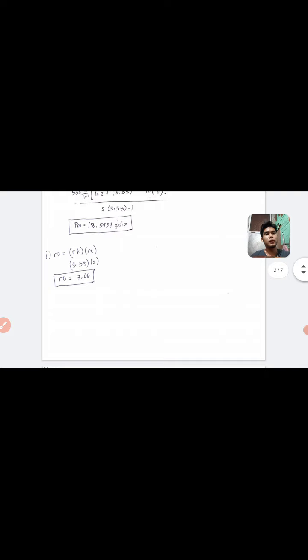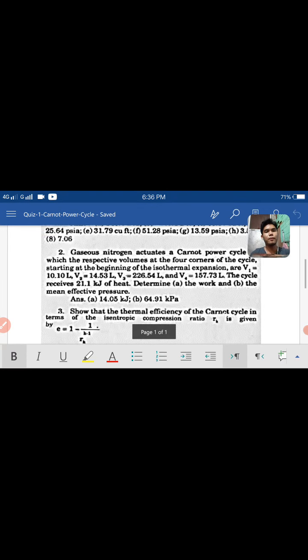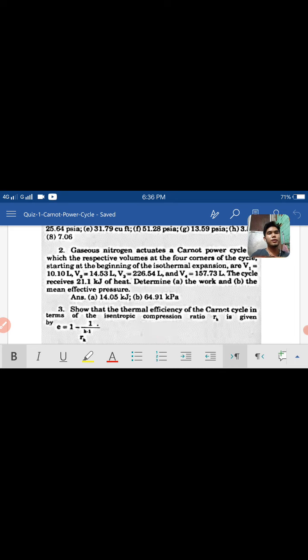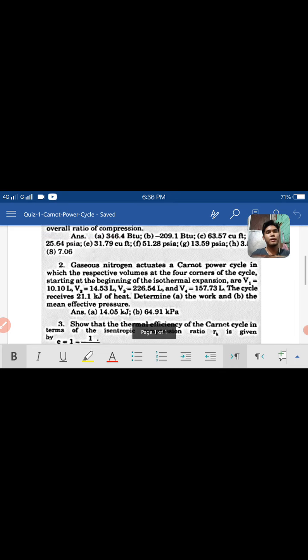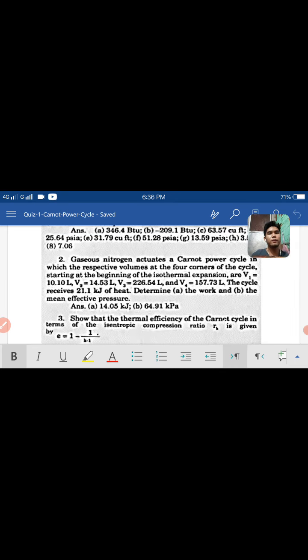So let's proceed to question number 2. Gaseous nitrogen actuates a Carnot power cycle in which the respective volumes at the four corners of the cycle, starting at the beginning of the isothermal expansion, are V1 equal to 10.10 liters, V2 equal to 14.53 liters, V3 equal to 226.54 liters, and V4 equal to 157.73 liters.